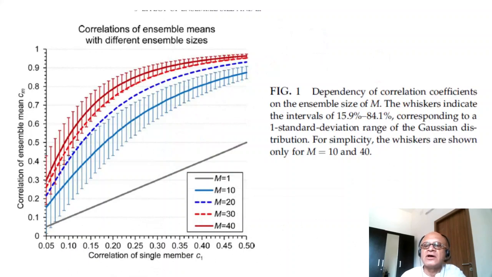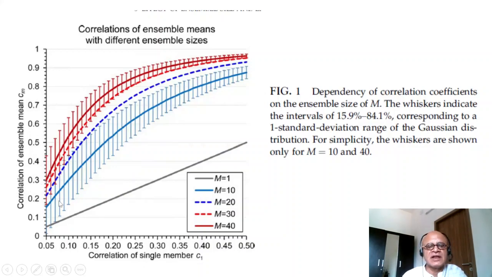How to decide on ensemble sizes? So this is one way to look at it. This is kind of an idealized experiment where one state of the model is considered reality, and then you keep comparing other realizations with that. So there is a correlation of a single member, C1, compared with correlation of ensemble mean, CM.